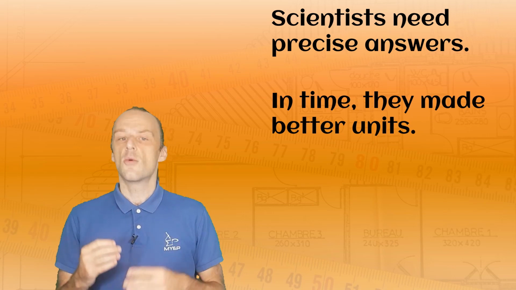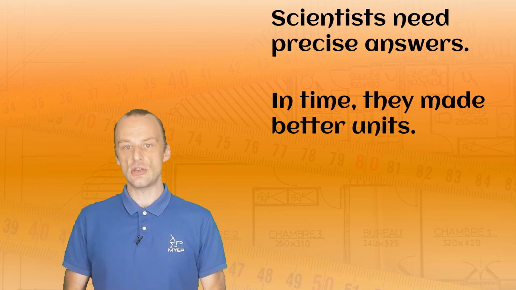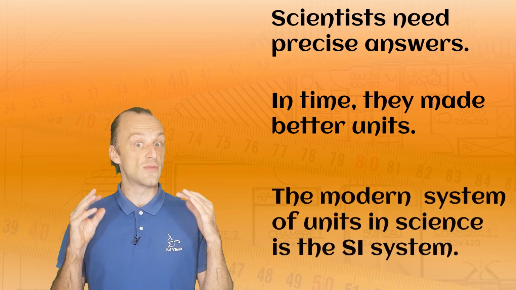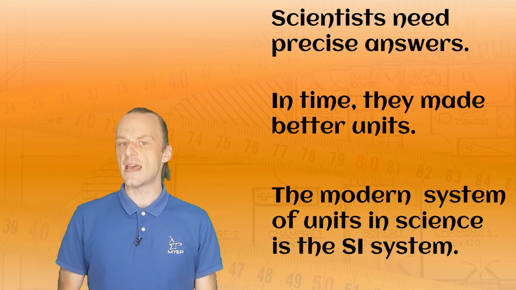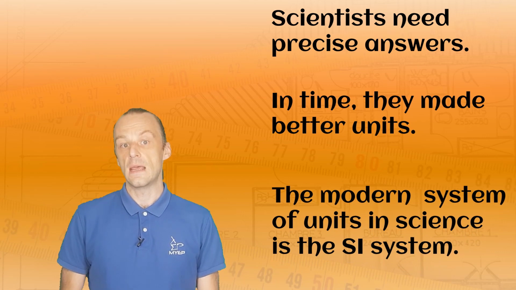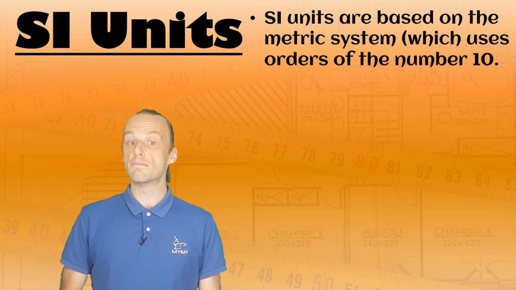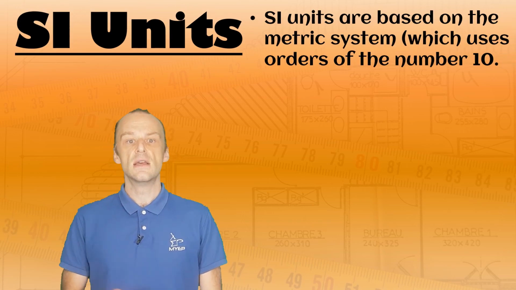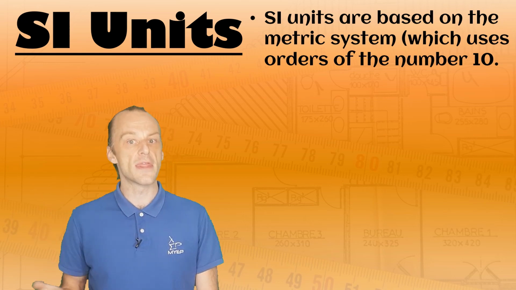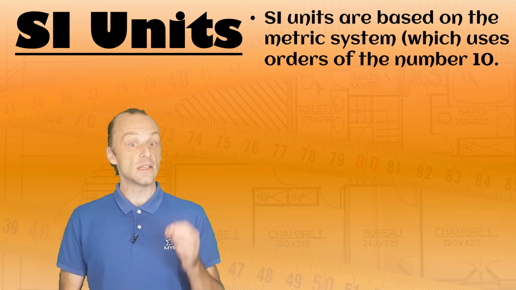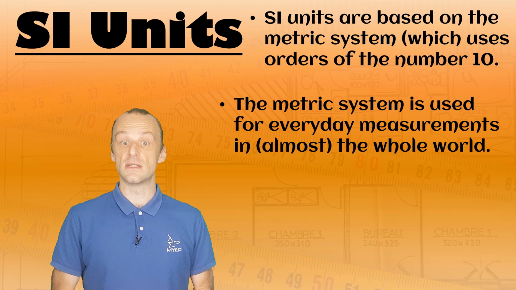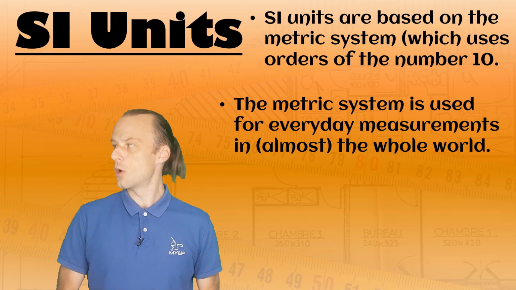Over time, we have made better and better units, and the modern system of units in science is the SI system. The SI system is based on the metric system, which uses multiples of the number 10, so 10, 100, 1000, etc. And it's used for everyday measurements in almost the whole world.